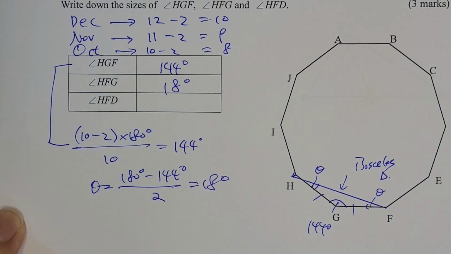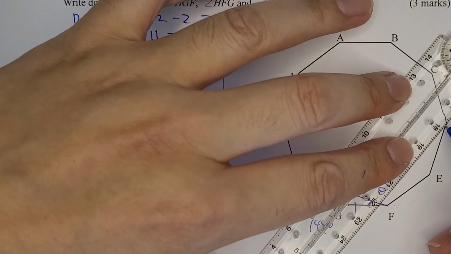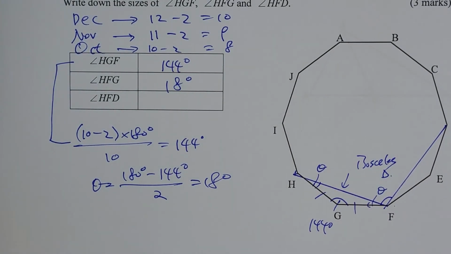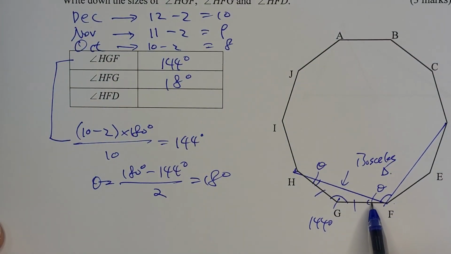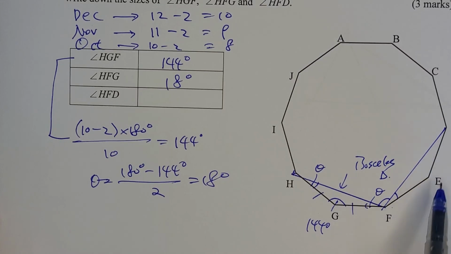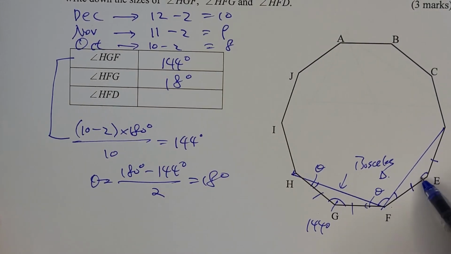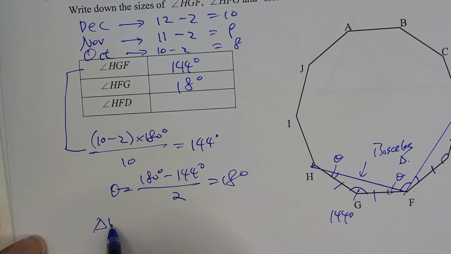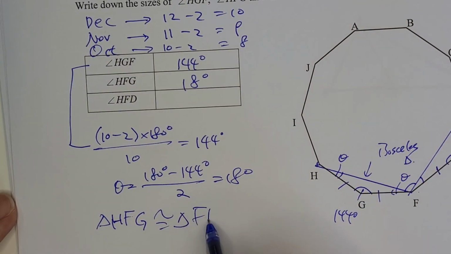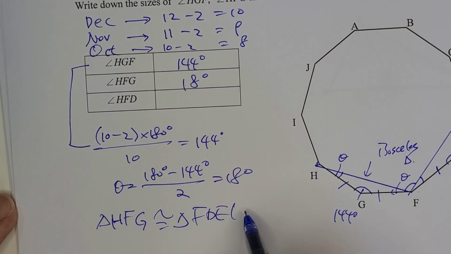Finally, you need to find angle HFD. Then you need to add this line. Find this one. Now you know that this theta is 18. Then how about this angle? Try to observe triangle HFG and FDE. Actually they are congruent. Triangle HFG actually is congruent to triangle FDE by SAS.